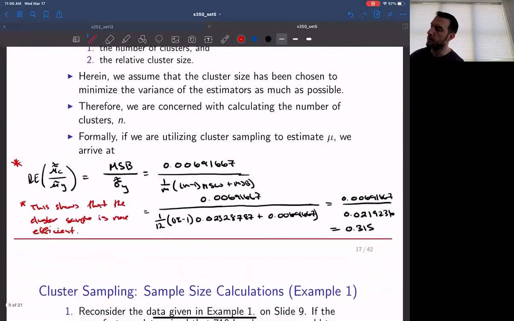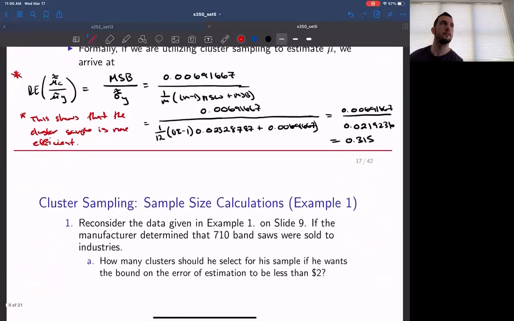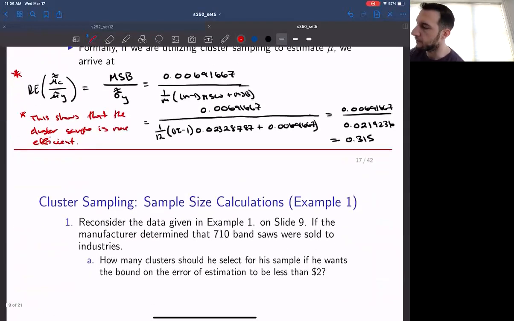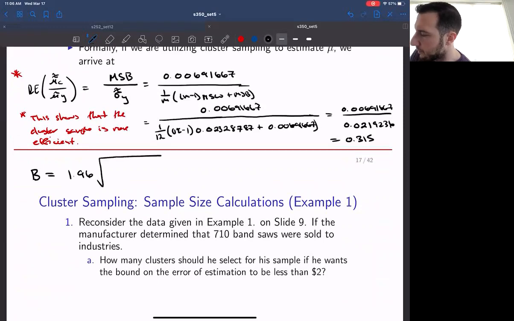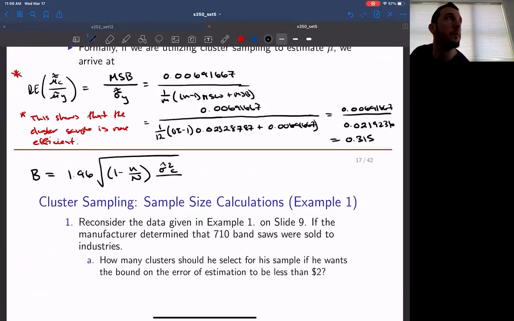Okay, so if we are utilizing cluster sampling to estimate little mu, we have the following. B is equal to 1.96 multiplied by the square root of 1 over little n times capital N of sigma hat squared C divided by n times m bar squared.